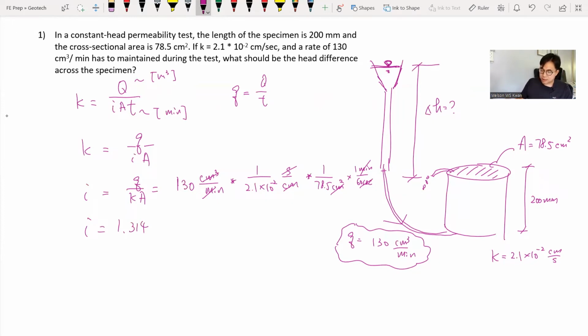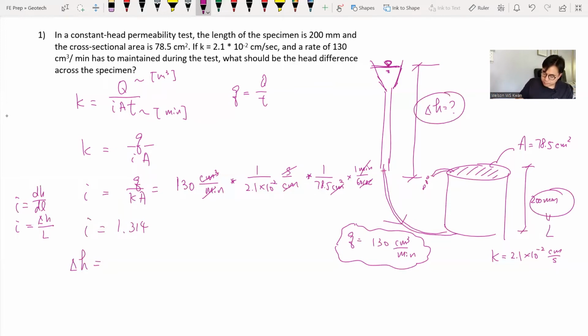With that, we can solve for the head, because we know from the FE manual that the gradient equals delta H over L, which is the head difference divided by the length of the specimen. This is the length of the specimen, and this is what we want to solve for.